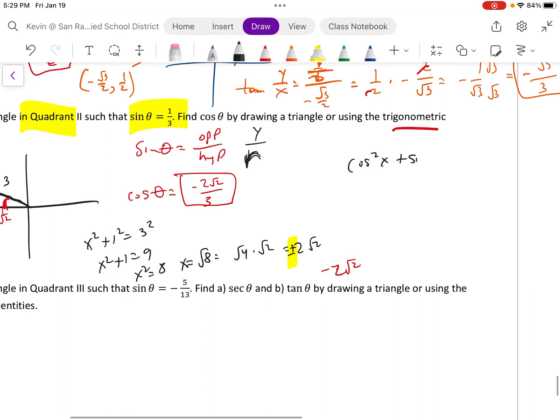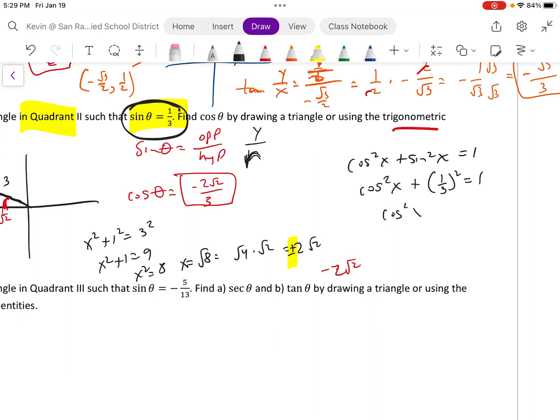One of those identities is cosine squared x plus sine squared x equals 1. Well, we know sine theta is 1/3. So this is going to be cosine squared x plus 1/3 squared equals 1. And x and theta, whatever, it just represents an angle.